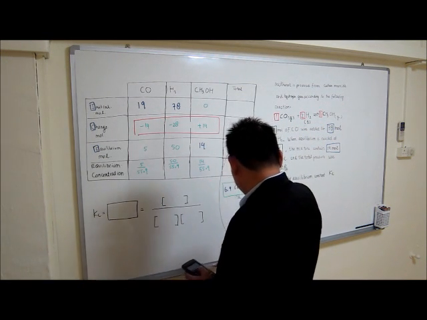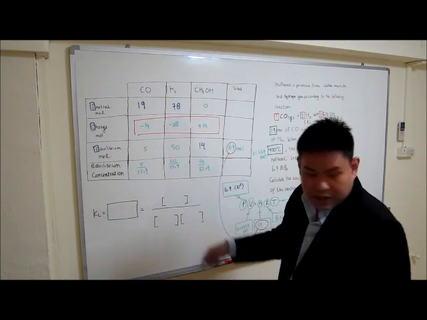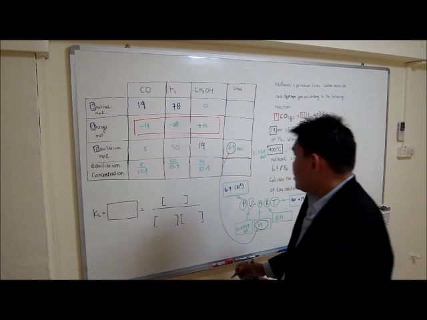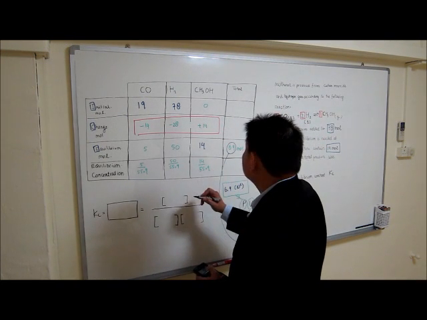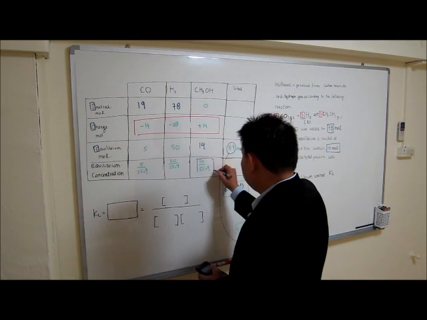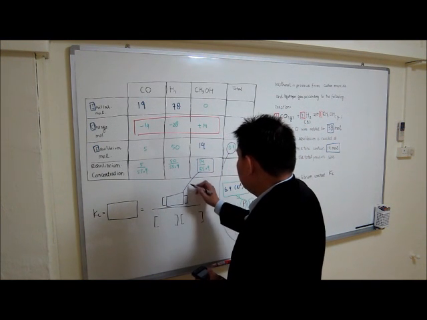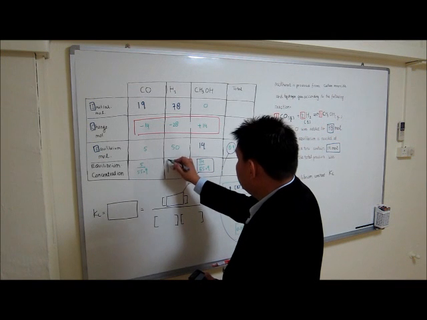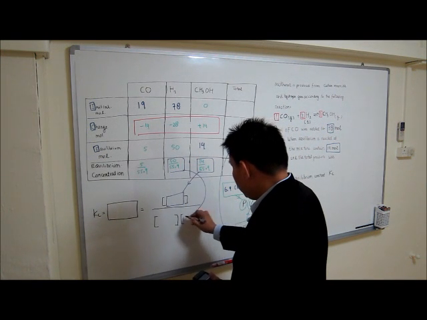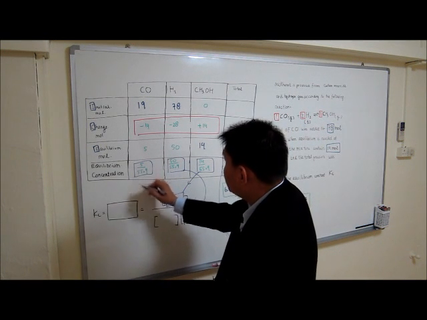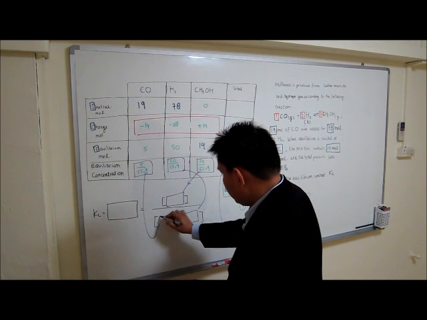And we are going to put all the numbers in the formula for Kc. CH3OH, you put it here. H2, put it here. And carbon monoxide, put it here.